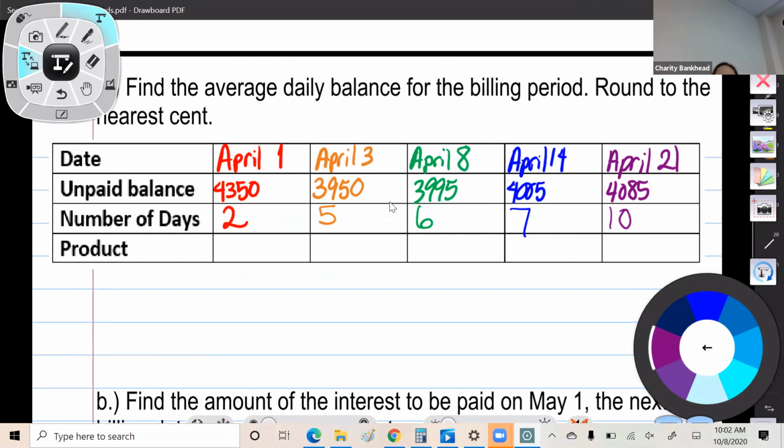Okay, so on April 21st, you had that charge of $80, so your balance went up to $40.85. So your balance stayed at that amount. So it was on the 21st, the 22nd, the 23rd, 24th, 25th, 26th, 27th, 28th, 29th, 30th.